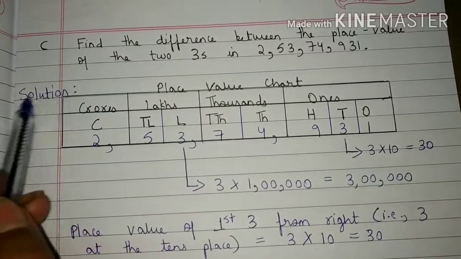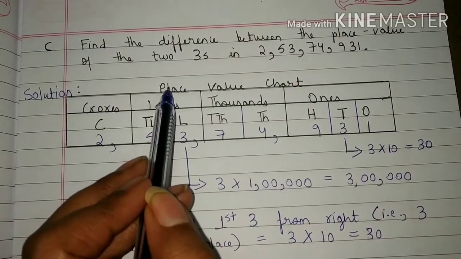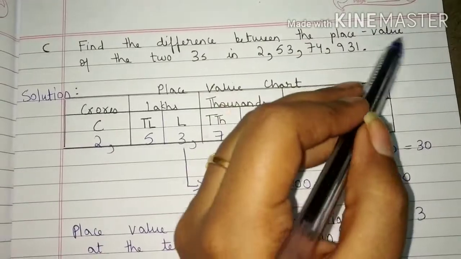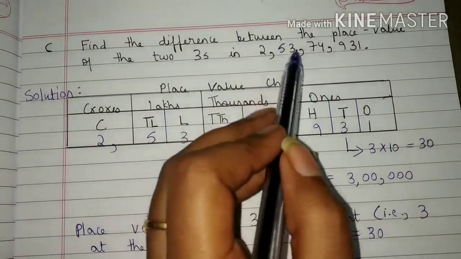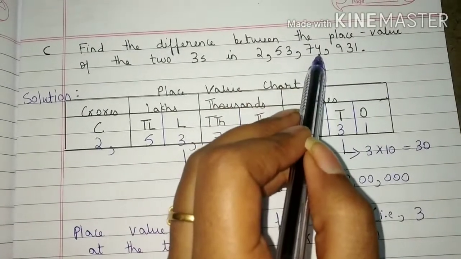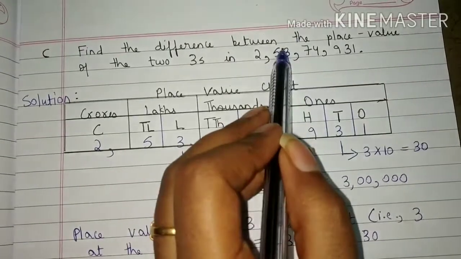Now come to the solution. First of all, you will find the place value of the two threes. So how will you find?